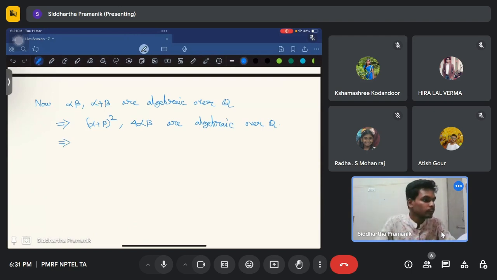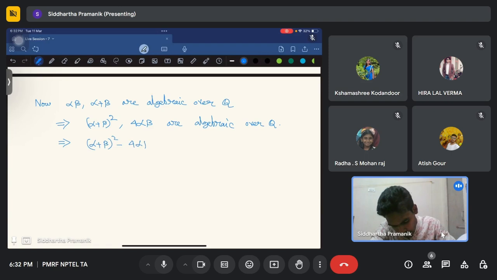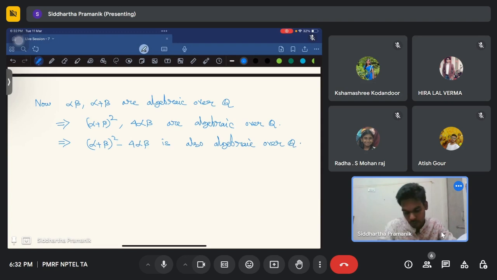So alpha plus beta square minus 4 alpha beta is also algebraic over Q, right?